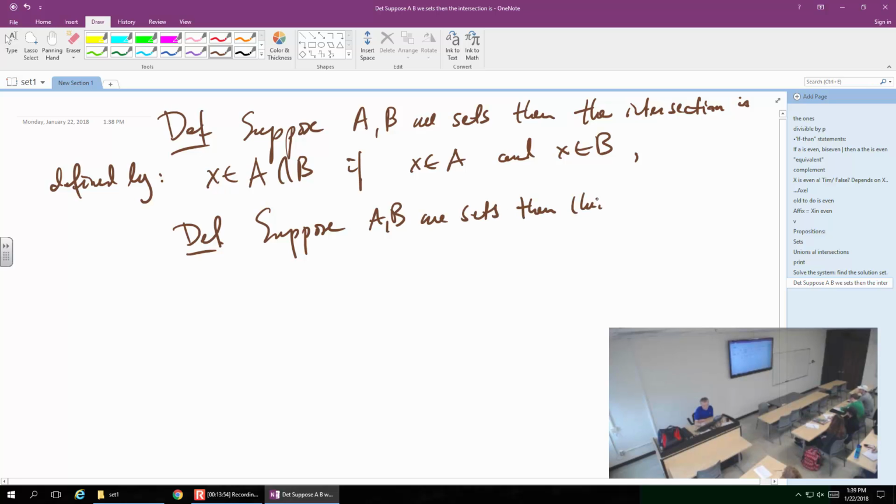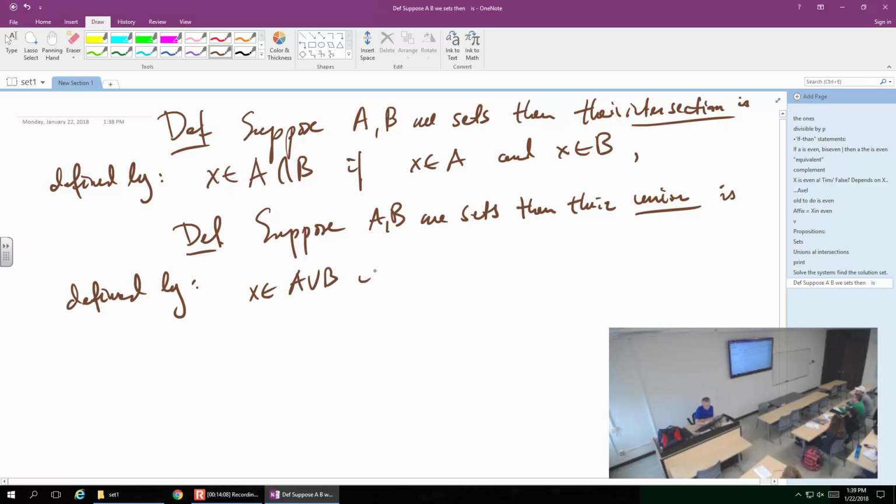Then their union is defined by, well, you can guess how it is defined. x belongs to A union B if what? x belongs to A or x belongs to B. Right. So that's it. So that is the definition, the two definitions of those sets.